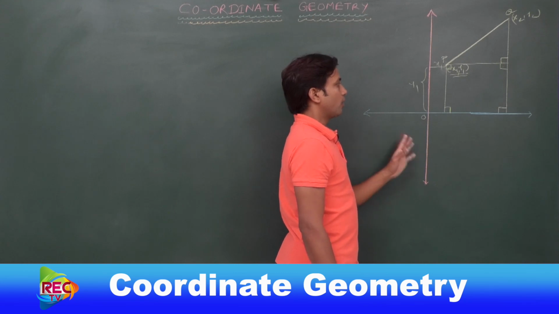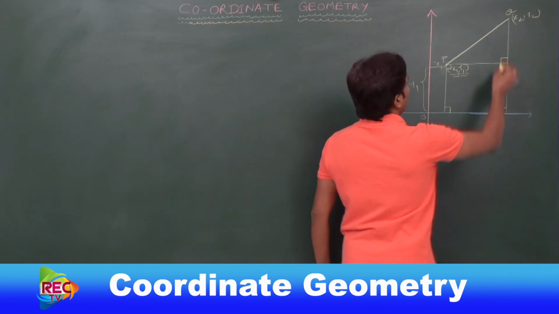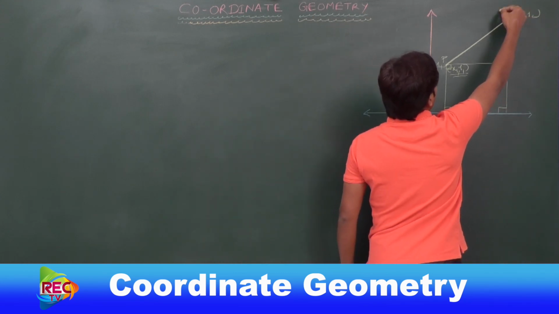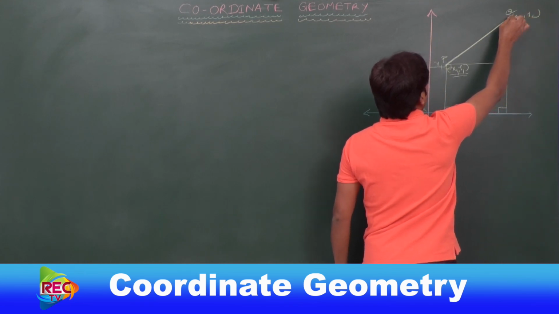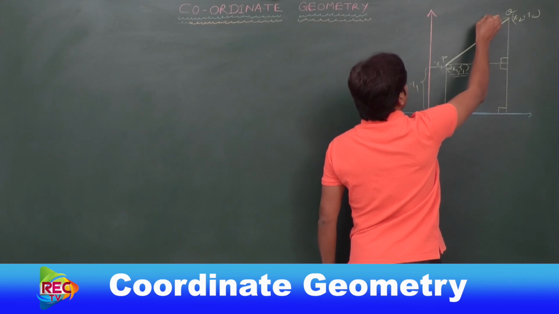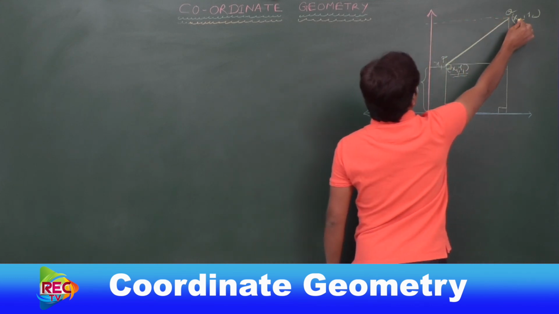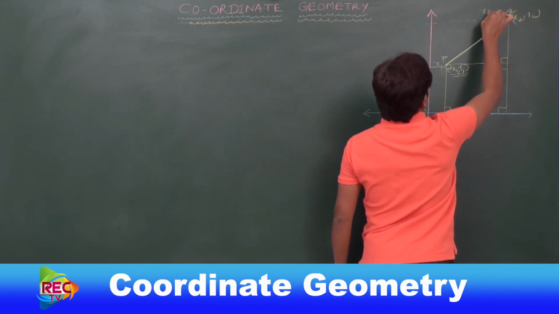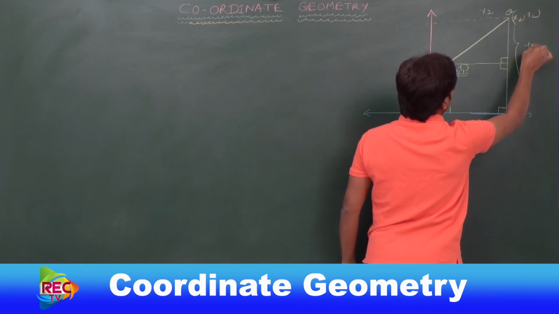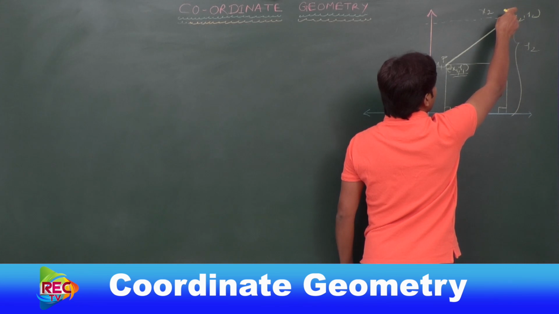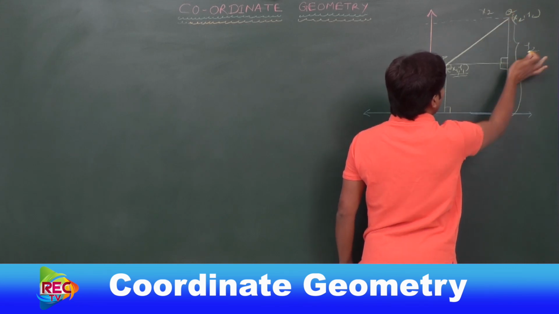Now this point x2 y2 represents that from here to the y axis, what is the distance? x2. And what is this whole distance? This is y2. The distance of the point from the x axis would be y2.